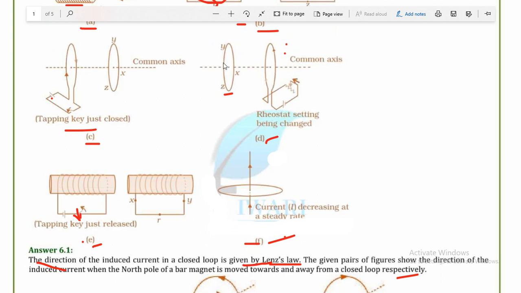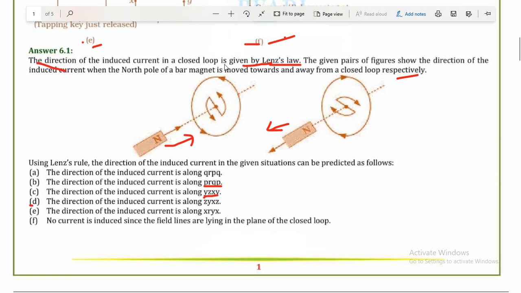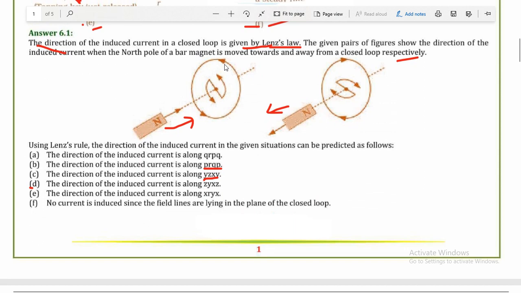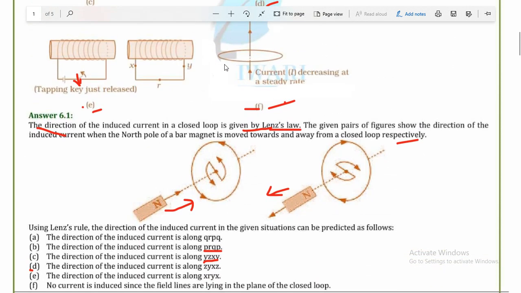So this is like ZYXZ. Now you can see the direction of induced current is along XYX. By using Lenz's law, if this is the direction of the magnetic field, this tries to oppose it.